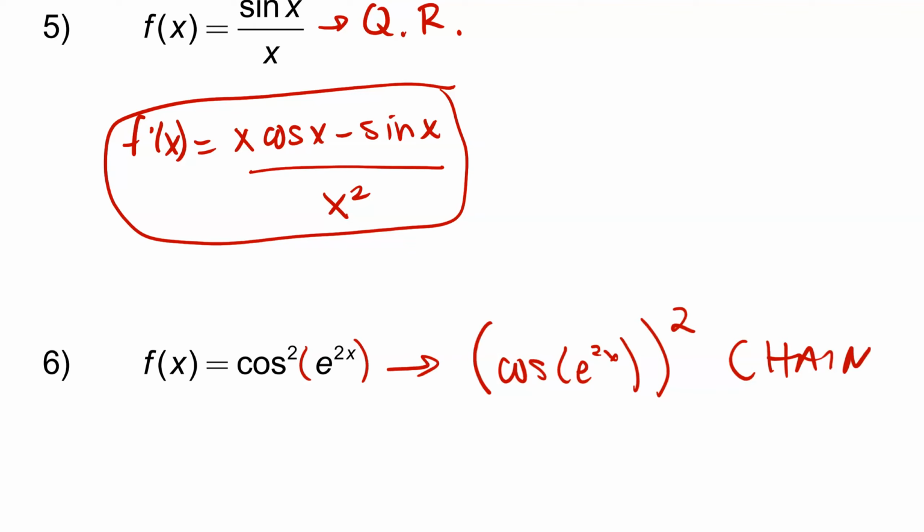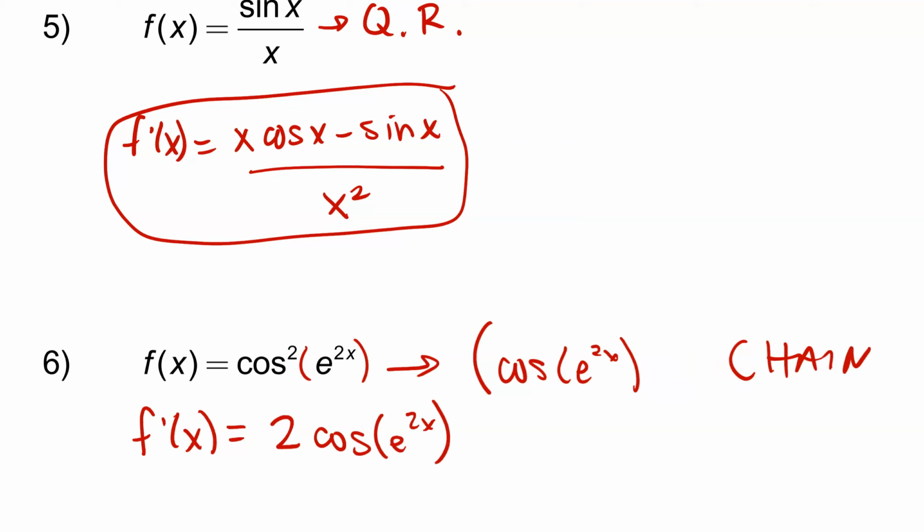Use chain rule first. First, bring down the 2, and then write cosine of e to the 2x. Right, so I dealt with this outside part. Now I take the derivative of cosine of e to the 2x. So I multiply by negative sine of e to the 2x. And then the derivative of e to the 2x is e to the 2x times 2.